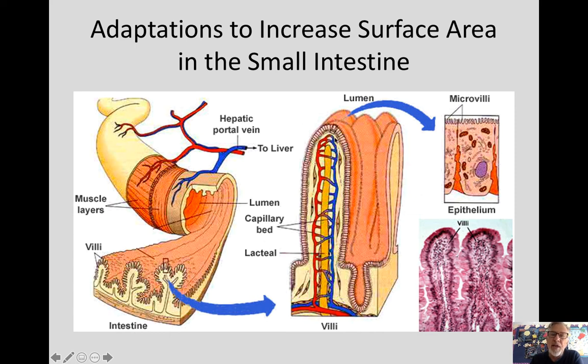And you can see that not only are there these microvilli on top of them, which increase the surface area, but inside is a capillary network, which is where the nutrients, once the cells of the villi absorb them, will then be transferred to the bloodstream and distributed around the body. And here's an actual micrograph of a single villus coated in microvilli.